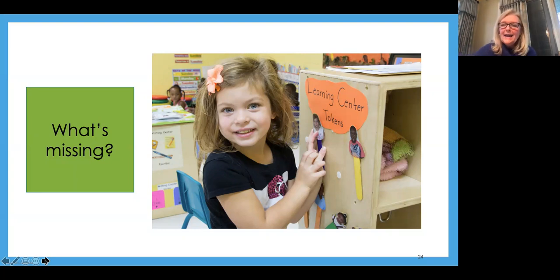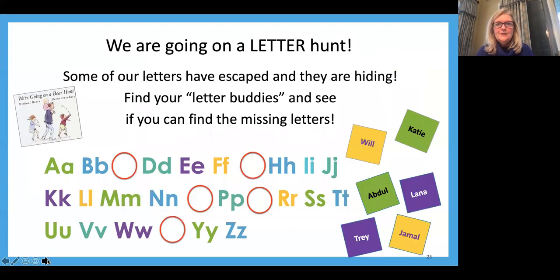But why not have their name on those, right? Because it's one more opportunity for them to see and recognize their name, that print awareness piece, and for other children to see it. So just think about those missed opportunities that we could tweak just a little to add that opportunity for a child.